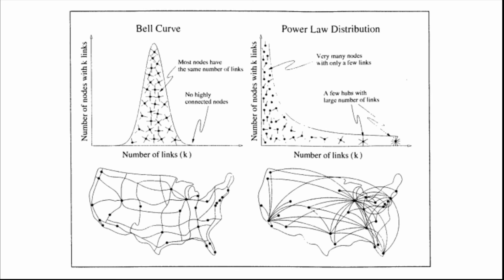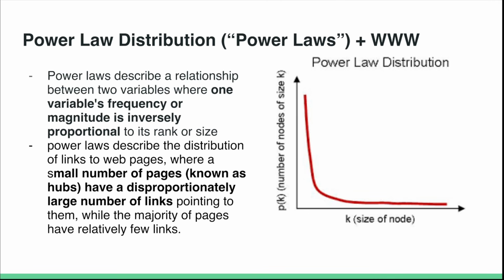Versus here we have a different scenario where we have the majority with a small number of links, and a very small minority with a high number of links. So kind of the opposite of the sort of average situation of the bell curve is the power law distribution, and that represents the strongly connected core. And that's all you need to know about power laws.